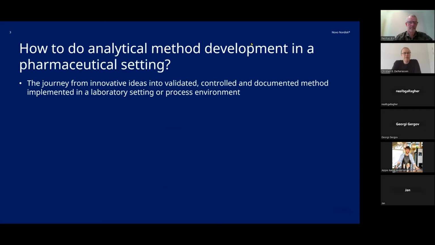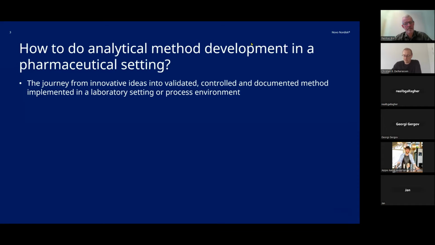So the question that I will try to answer is how to do analytical method development in a pharmaceutical setting, at least how we do analytical method development in Novo Nordisk, with focus on the journey from innovative ideas into validated, controlled, and documented methods implemented in a laboratory setting or process environment.